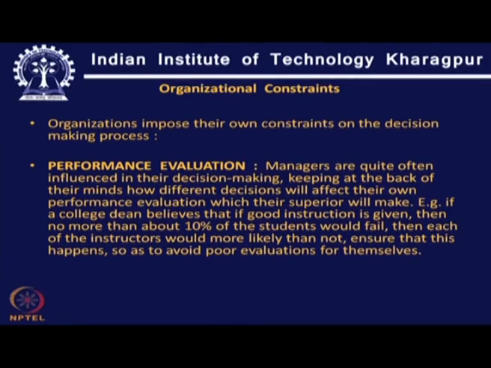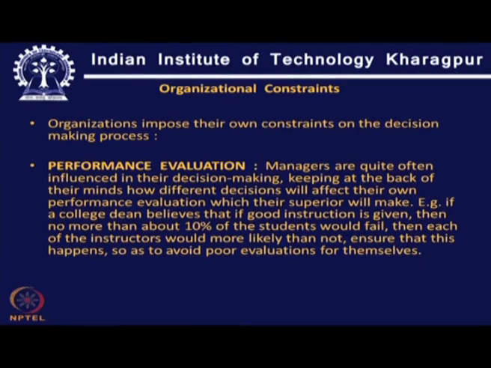So if a college dean believes that if good instruction is given, then no more than about 10% of the students would fail, then each of the instructors would more likely than not ensure that this happens, so as to avoid poor evaluations for themselves.